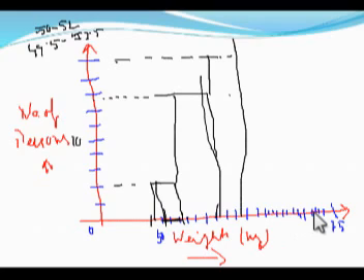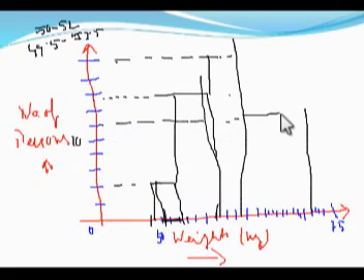So this is 12. And then 70.5 to 75.5, this is 75.5. This is 3.